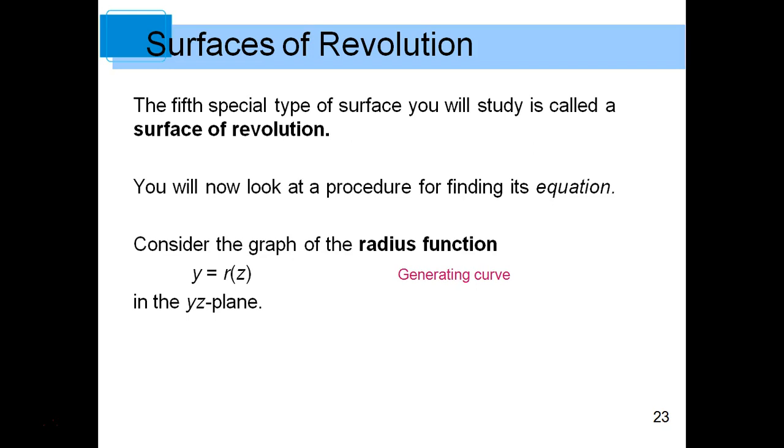The generating curve is going to be y equal to an r of z, or that radius function, if you're in yz, and of course that will change if you're in xy or xz.